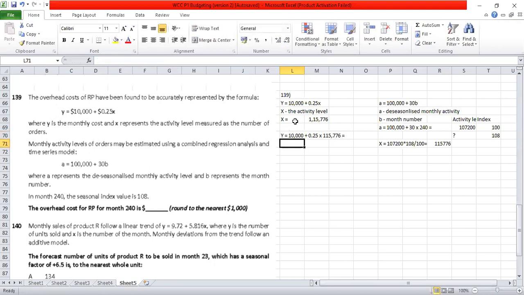This is not an MCQ. So the overhead cost is 38,944.